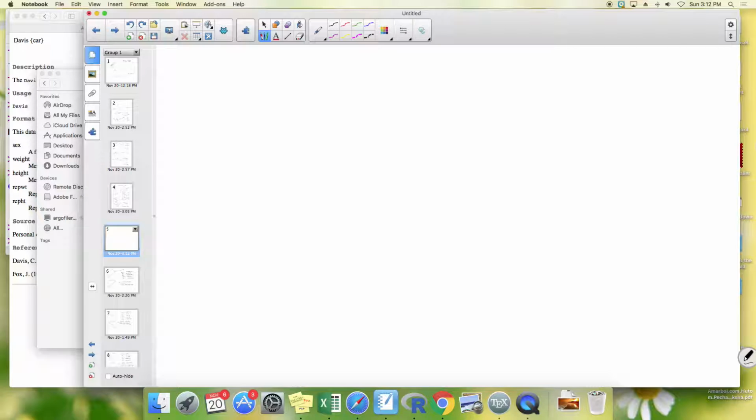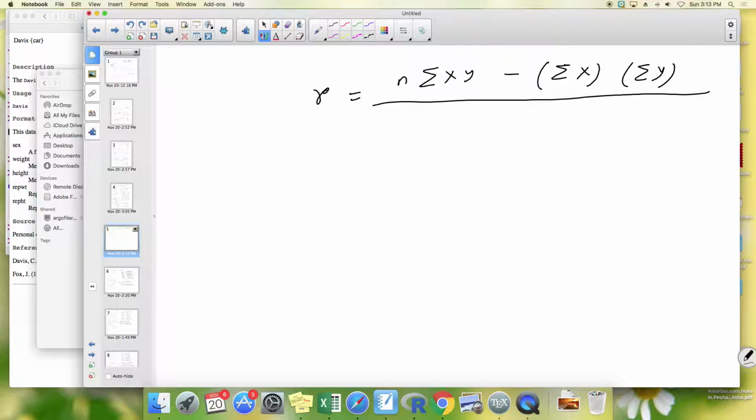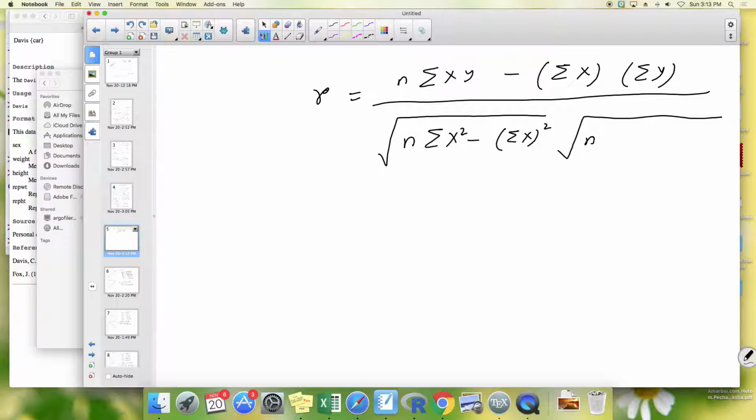So the formula for r is r equal to n summation xy minus summation x times summation y, divided by square root of n summation x square minus summation x whole square, times square root of n summation y square minus summation y whole square.